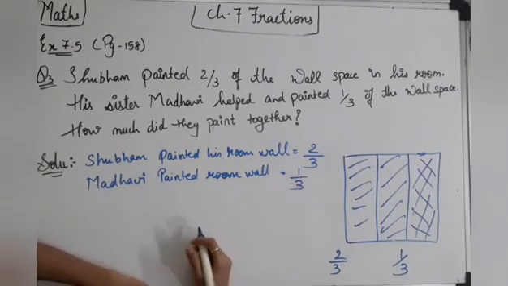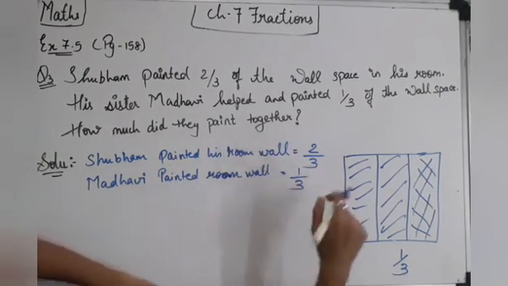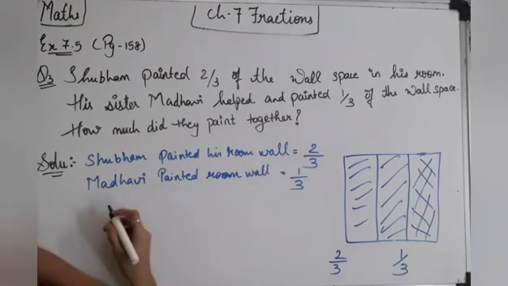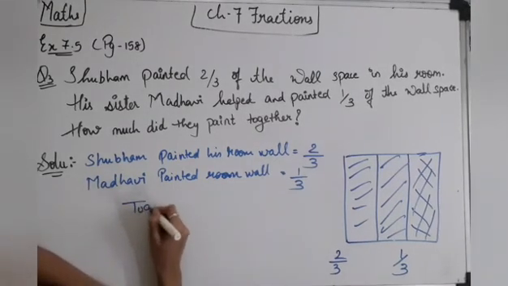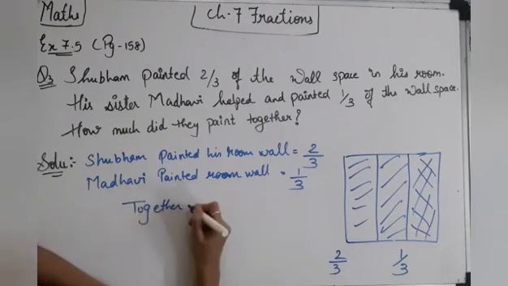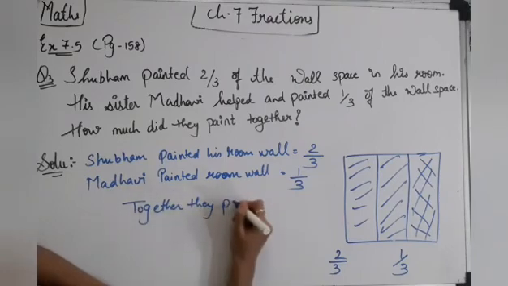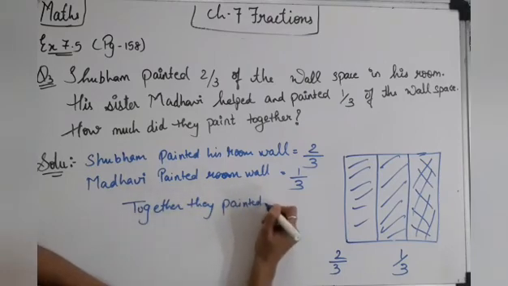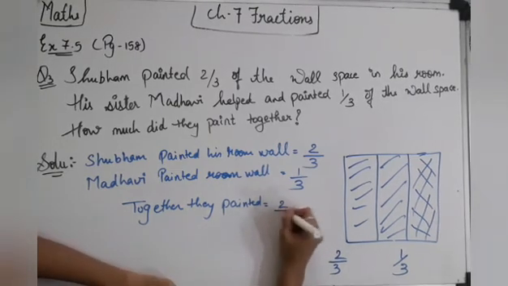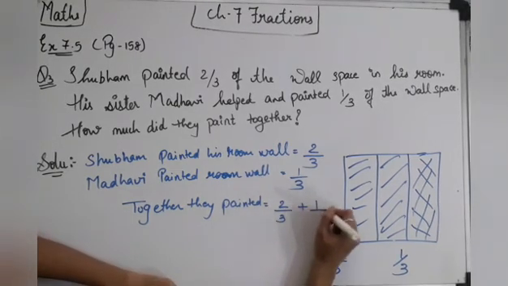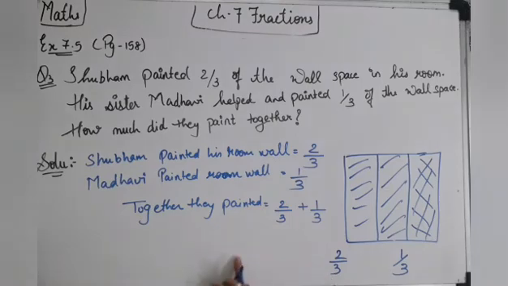So now we have to find out how much they painted together, right? So together they painted is equals to 2 upon 3 plus 1 upon 3. As you can see, the denominators are the same, they are like fractions.